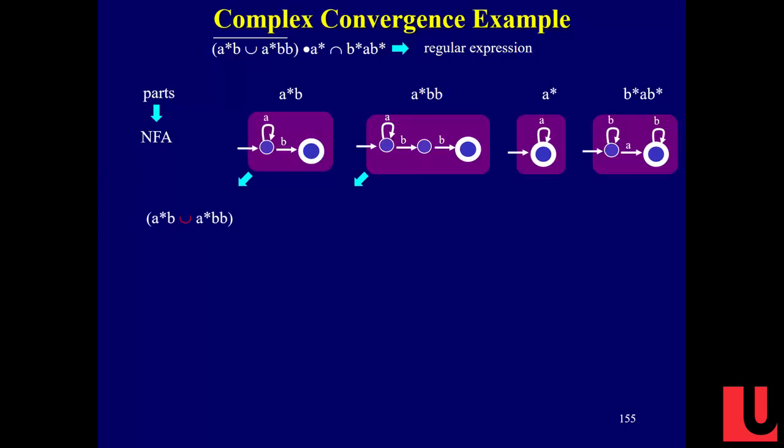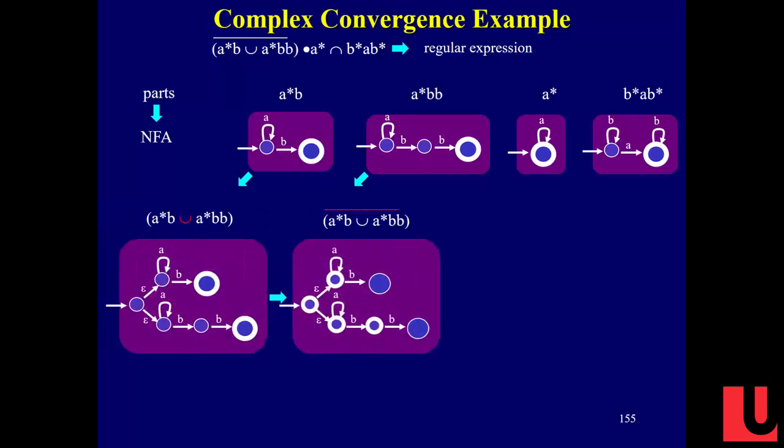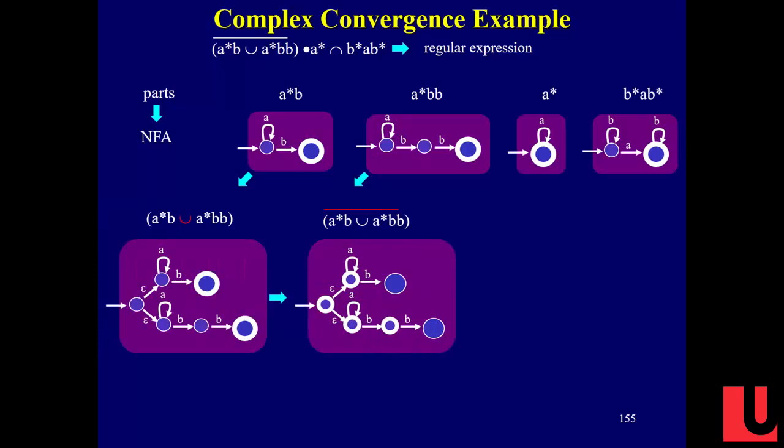And then now we're going to take those first two things and union them. And there, it's an NFA. We can union them just by putting this epsilon transition, right? That wasn't so bad. And now we want to do a complement, right? So can we complement like this? No. Everybody remember, NFAs, you can't complement like this.